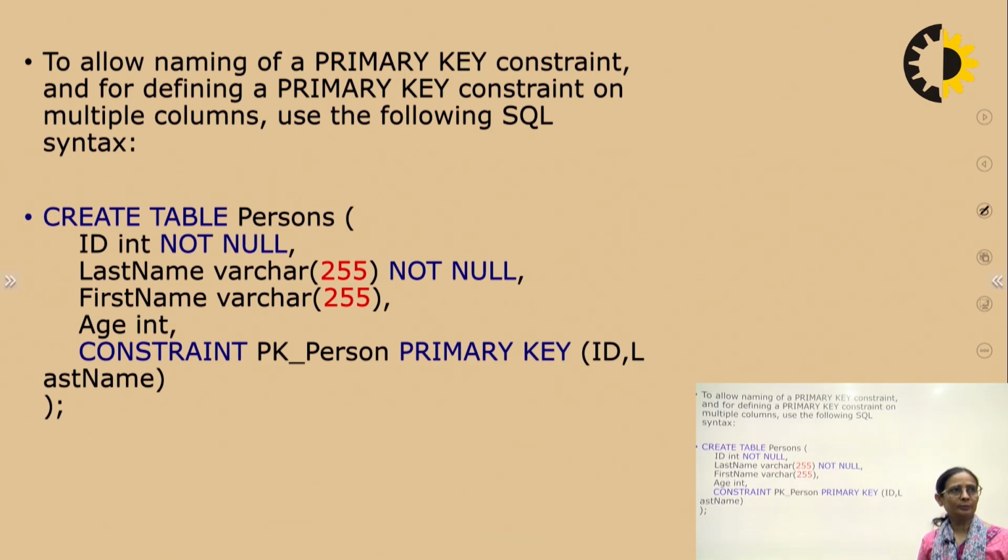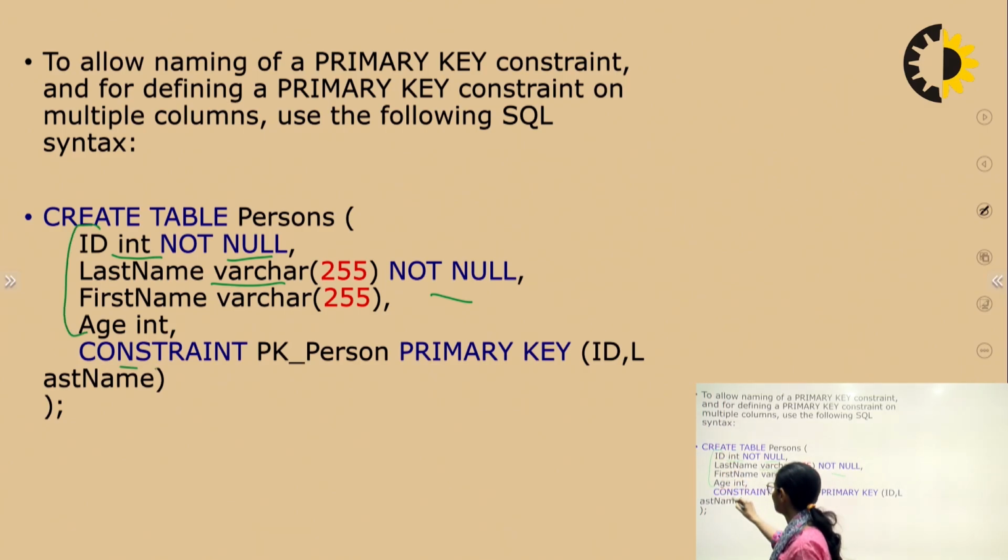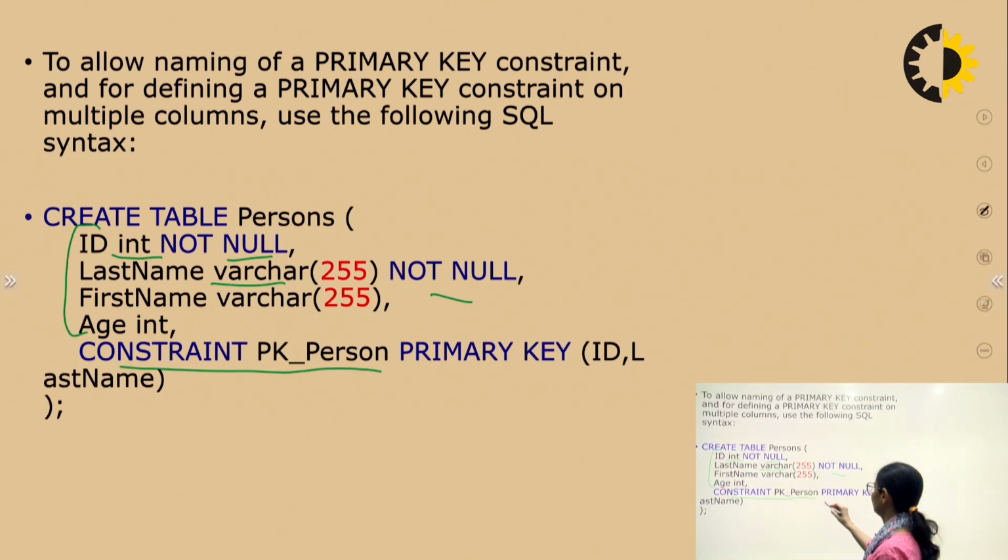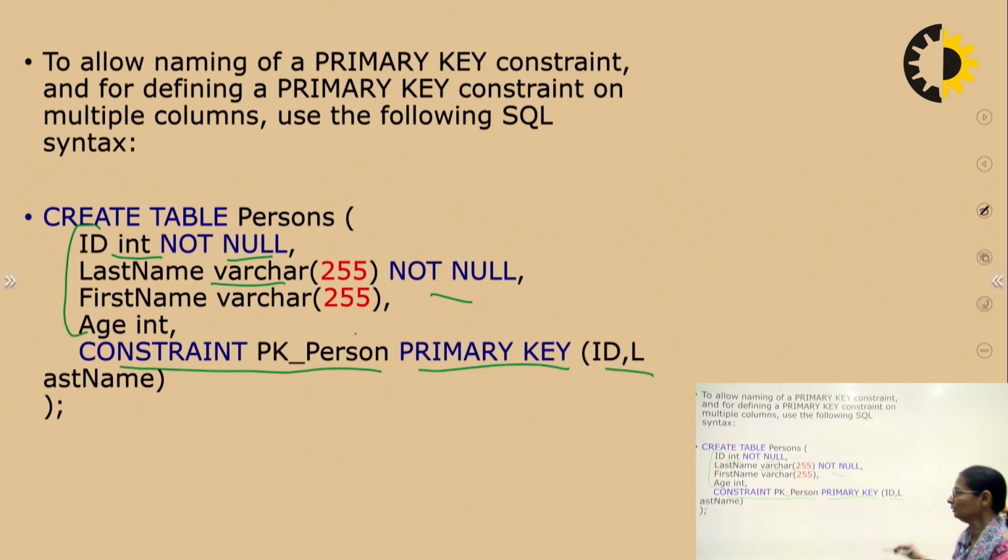To allow the naming of a primary key constraint and for defining a primary key constraint on multiple columns, we could use this SQL syntax: create table, ID not null, last name not null. After defining all the things, constraint, primary key, that is the name of my constraint, then primary key, that is the constraint type, and then these are the two columns which I want to use as the primary key.